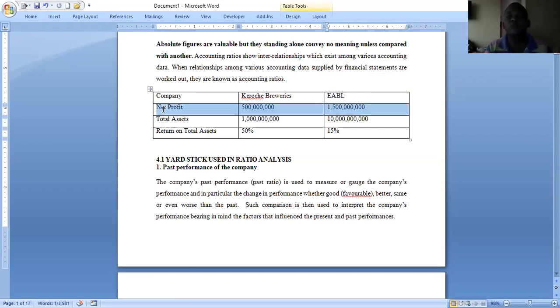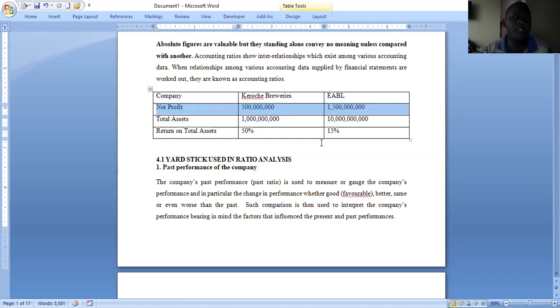Looking at this absolute figure of the net profit, this figure may be misleading. Assuming you don't look at the net assets or any other ratio, you will easily say that EABL is doing better than Keroche Breweries. In terms of profitability, EABL is generating a profit of 1.5 billion shillings, whereas Keroche Breweries is only generating a profit of 500 million shillings, which is way lower than EABL's profit.